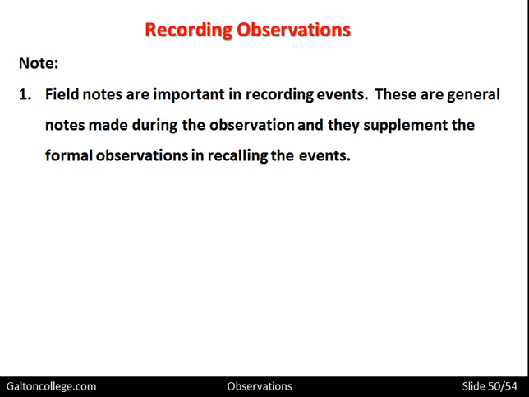So, first of all, it's important to note field notes are important in recording events. These are generally notes made during the observation, and they supplement the formal observations in recalling the events. So there's two types of response recorded. There is, if you like, the formal response, the response of what the observer considers important, the answers to the questions, the physical environment, the non-verbal responses.